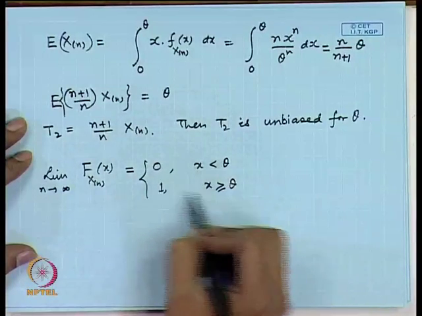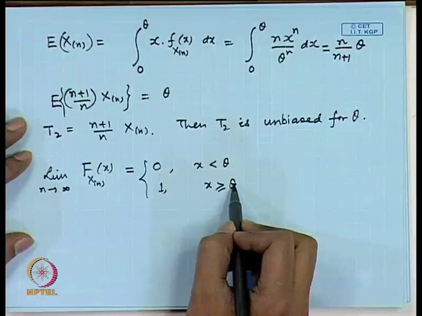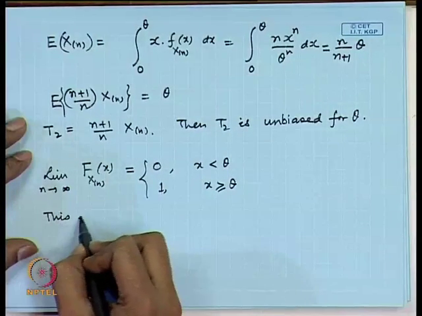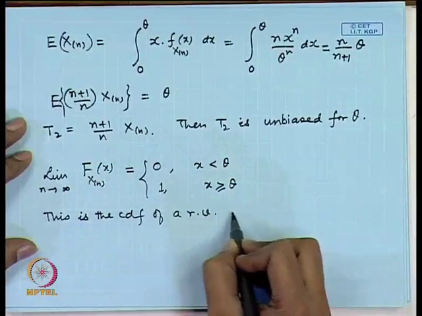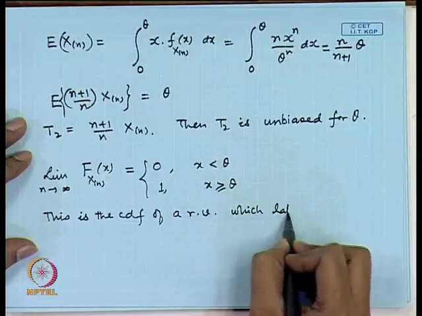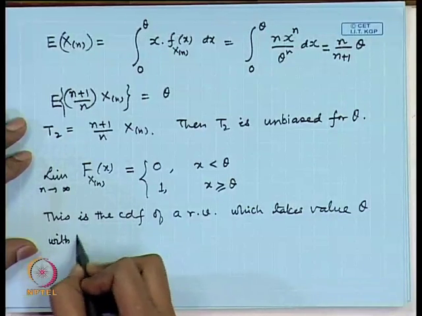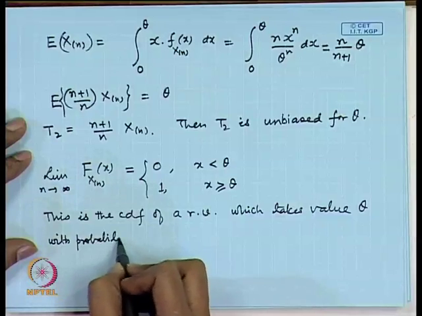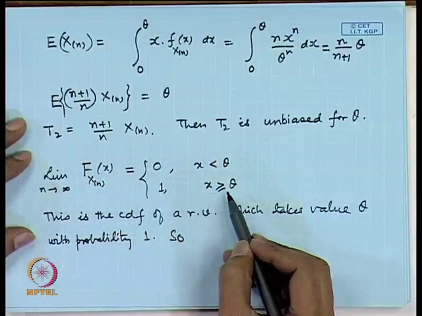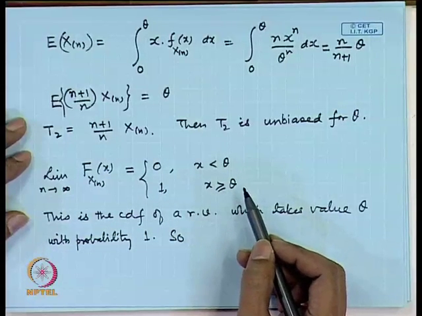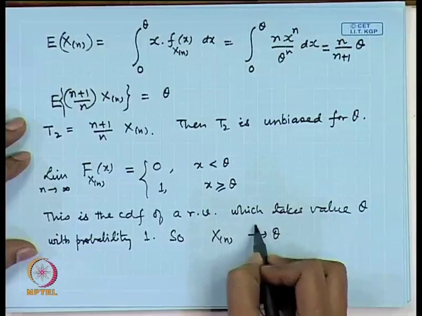Now, this denotes the distribution of a random variable which takes value only theta. This is the CDF of a random variable which takes value theta with probability 1. So, basically we have proved that x n converges to theta in distribution, but theta is a constant, therefore, it is equivalent to saying x n converges to theta in probability.